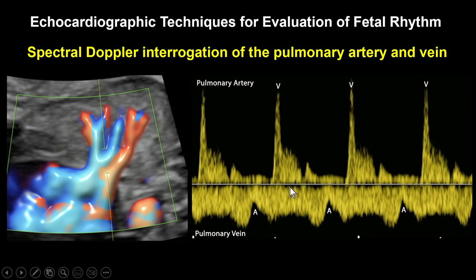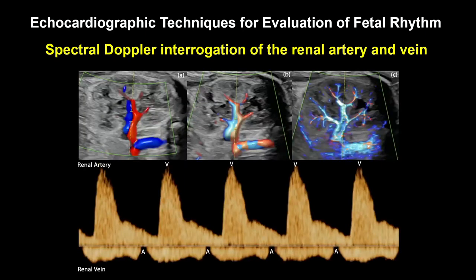So this is very easy to obtain, especially if you're looking at the heart and other positions are not really that convenient. So we tried yesterday to achieve the renal artery and vein assessment for arrhythmia to demonstrate that technique.